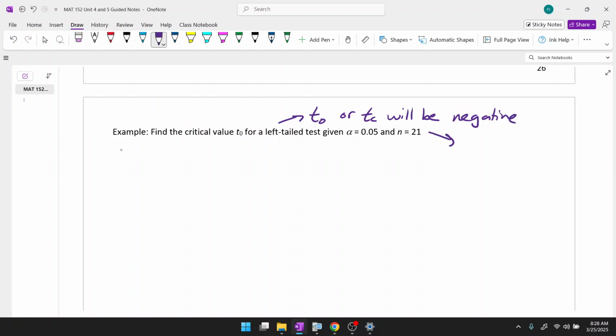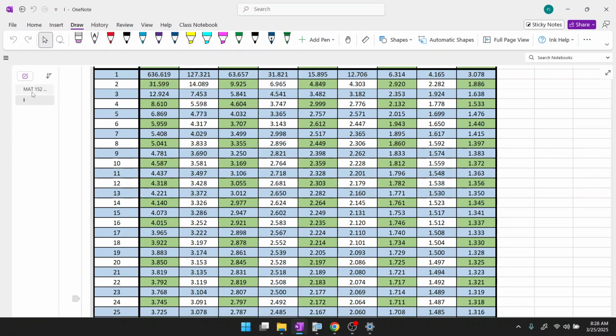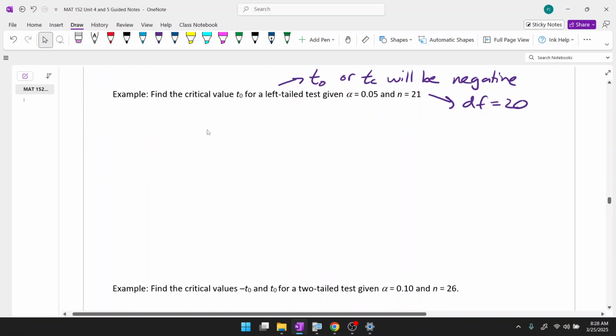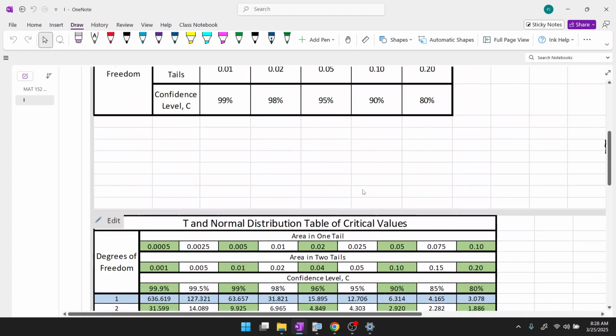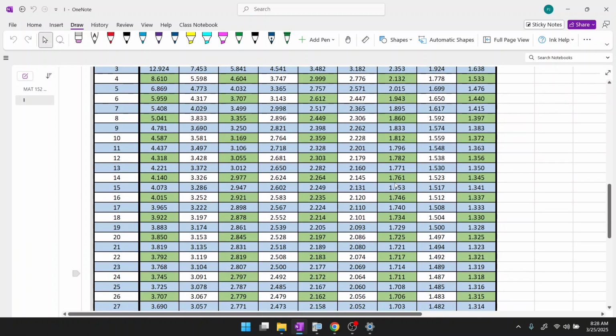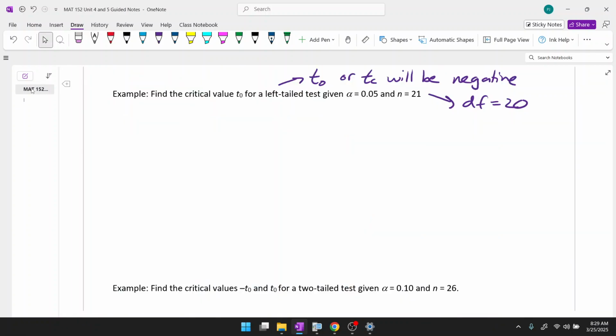And since our sample size is 21, the degrees of freedom will be 20. So basically, look for area in one tail of 0.05 and 20 degrees of freedom. By finding it, you get 1.725, but since it's left-tailed, it's going to be negative 1.725.